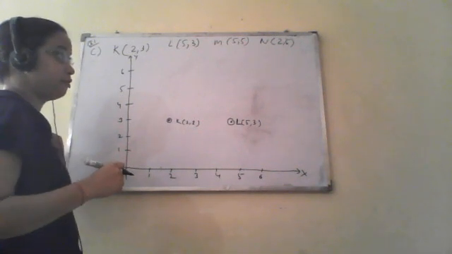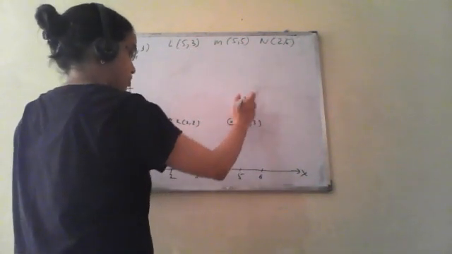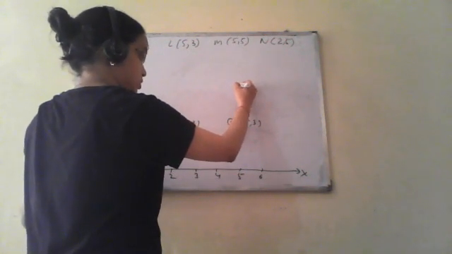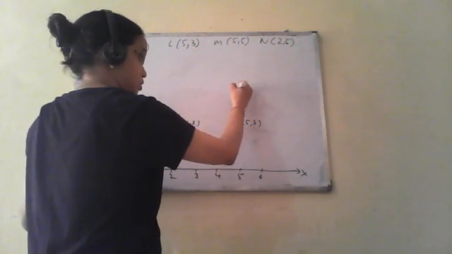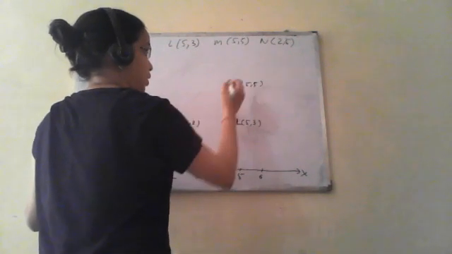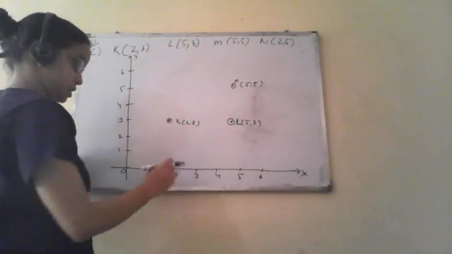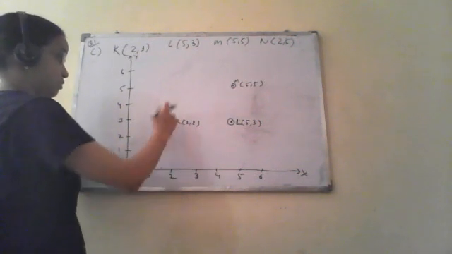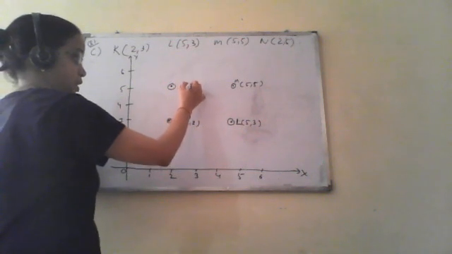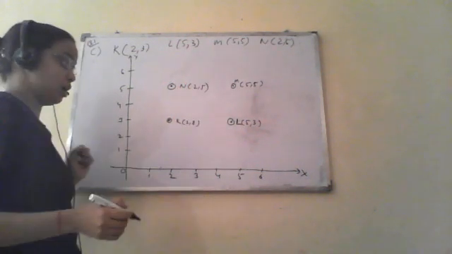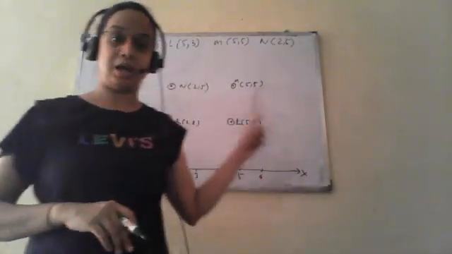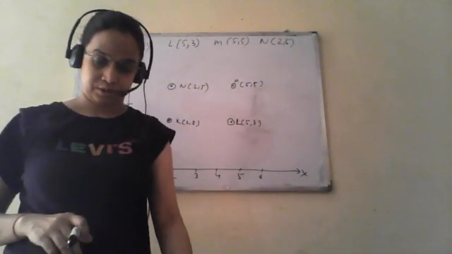M (5, 5): x is 5 and y is 5. This is our M point. And N is (2, 5): x is 2 and y is 5. This is N (2, 5). Now if you check, these points are not on a straight line. They are lying on different lines.